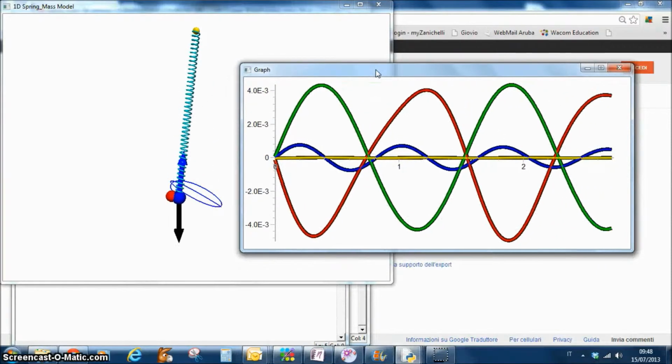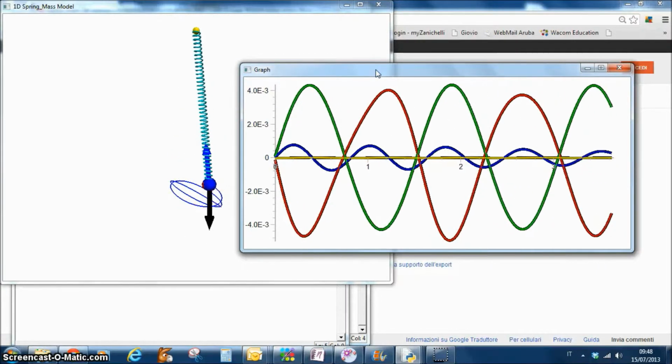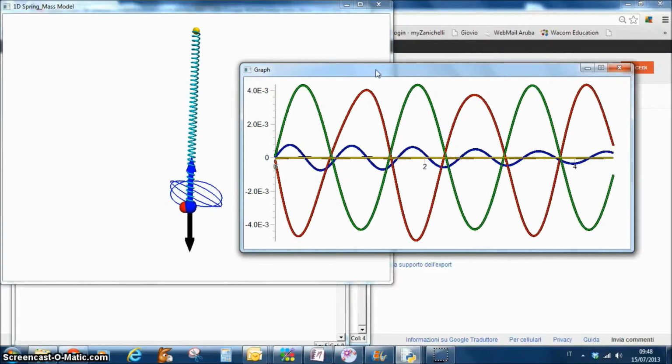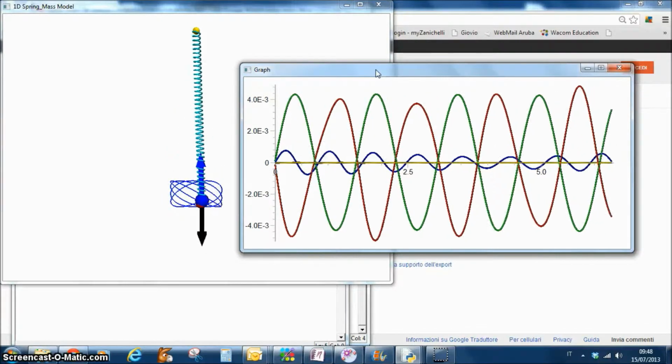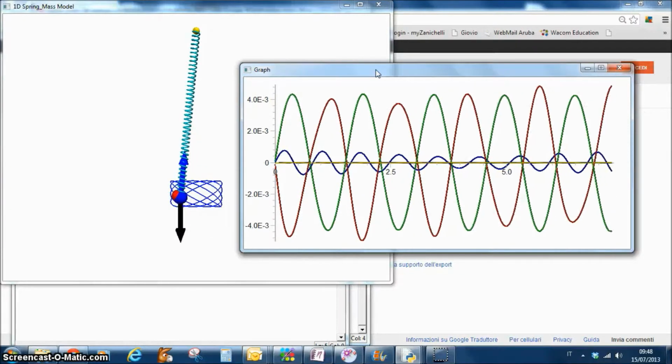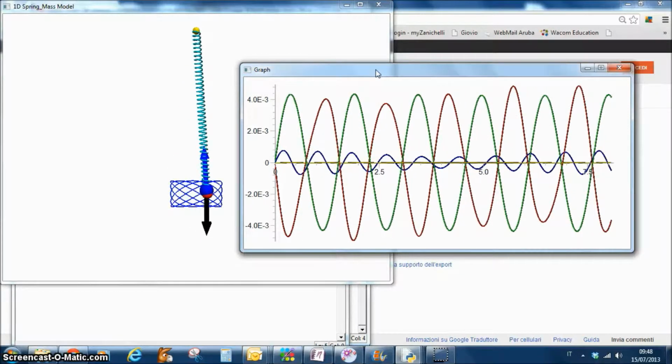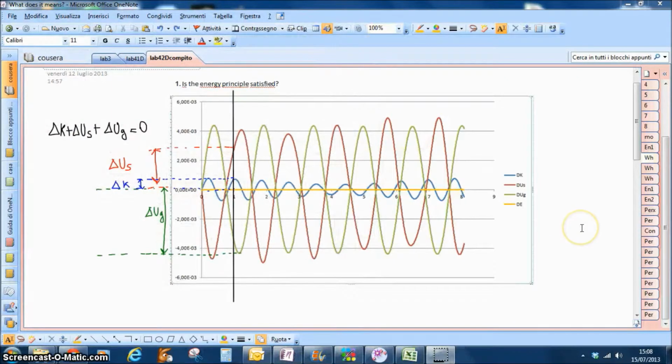Delta K is in blue, delta U sub S in red, delta U sub G in green, and their sum in yellow. The graph shows that the sum of the changes in each type of energy is equal to 0, so the energy principle is satisfied.